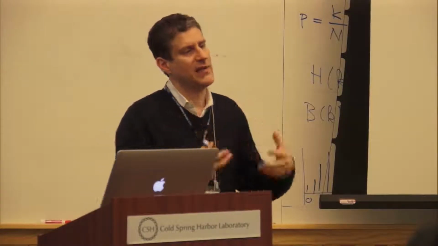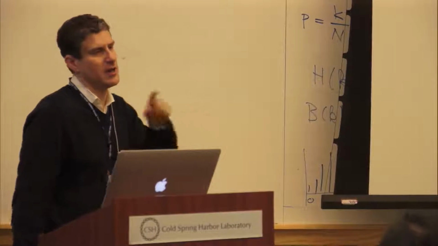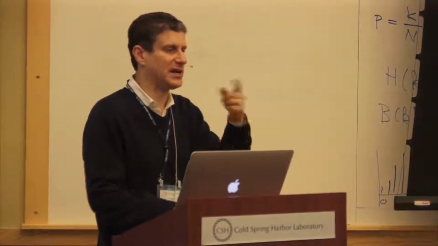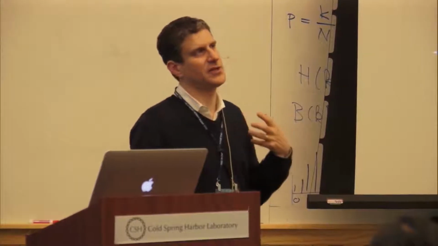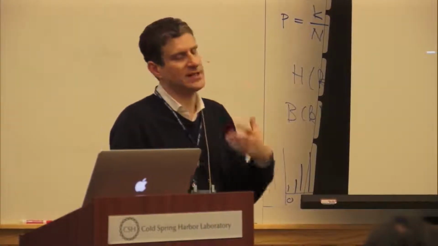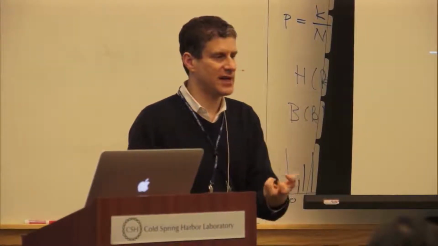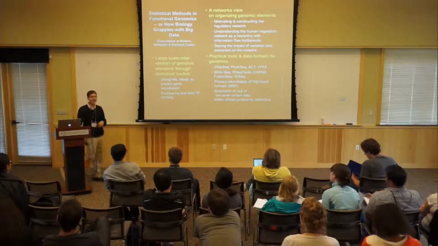You don't have to do anything that complicated. You have 20,000 genes. You can build your model on 10,000 genes, and 10,000 is plenty, and then test it on the other 10,000. There are more sophisticated things like jackknives and bootstraps, where you leave out different sections of the data. But the basic idea is you train the model on one set of the data and test it on another set.